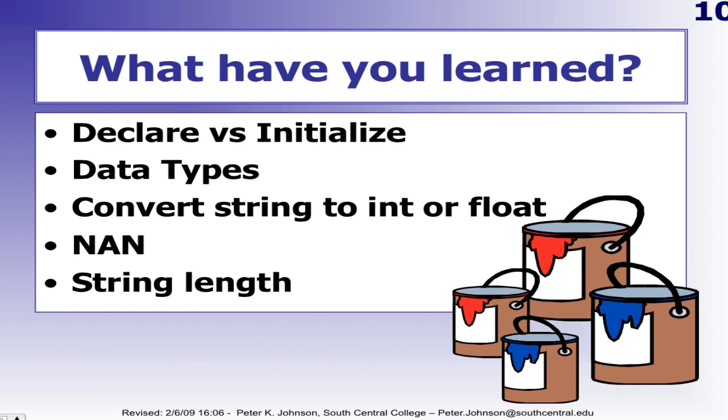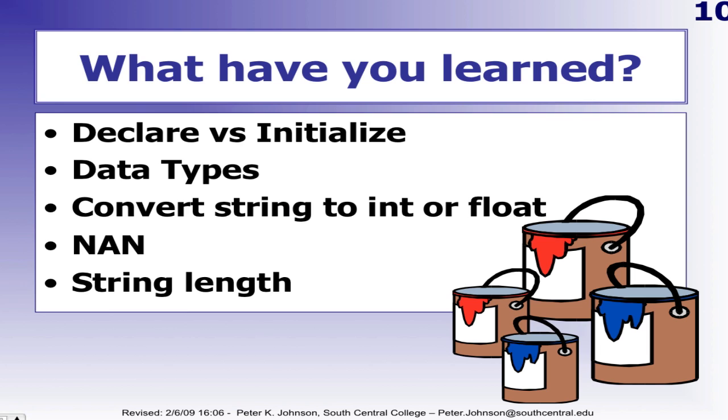So here's some of the things I've covered in this presentation. You should know the difference between declaring a variable and initializing it. And even though we normally do these on the same line, you need to know the difference because sometimes they're separated out. You should be able to list 2 or 3 of the data types that JavaScript uses.